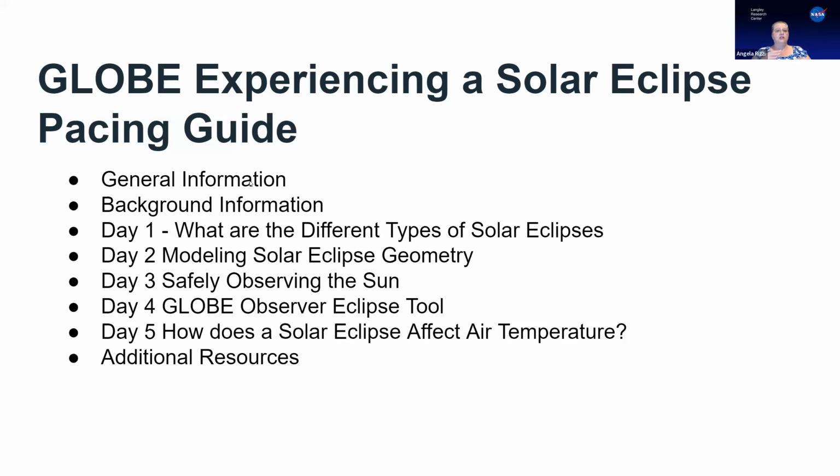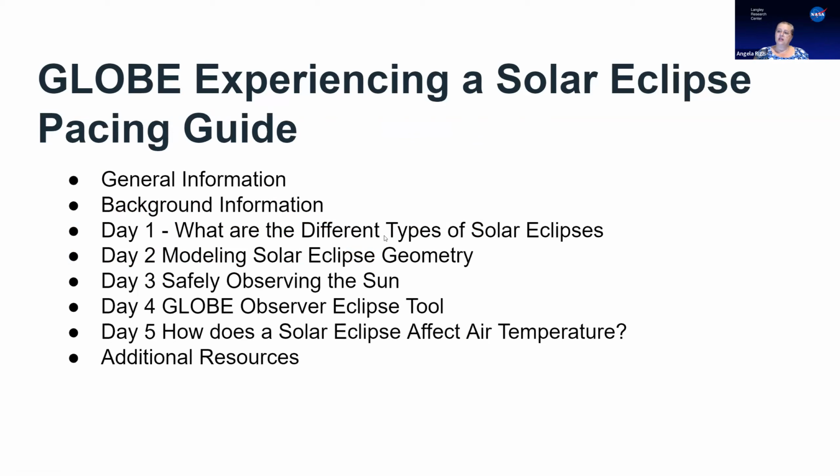The general information is about the GLOBE protocol that is highlighted in the pacing guide, who to contact if you have questions, how to get GLOBE training, where to find all the pacing guides, and the guiding question for the whole thing. Then every day there's a question that ties back to that guiding question. And on the last day, there's a question that ties it all back to NASA.